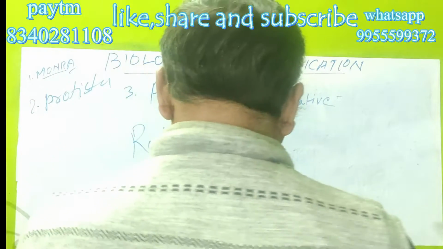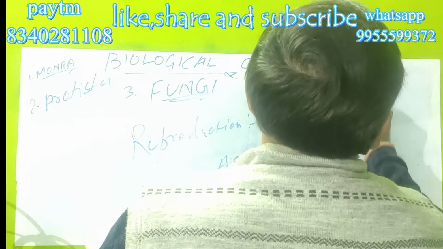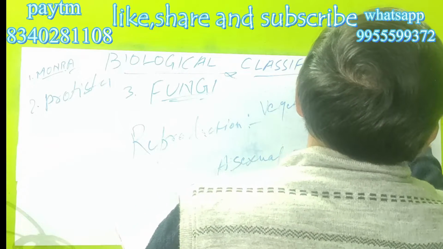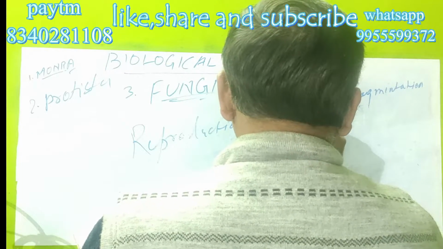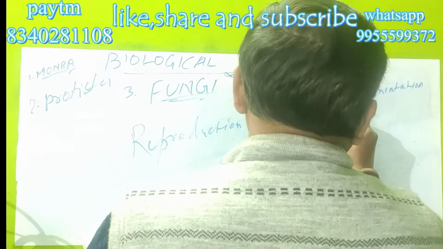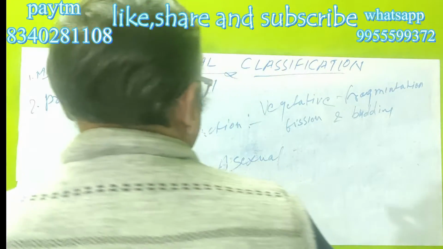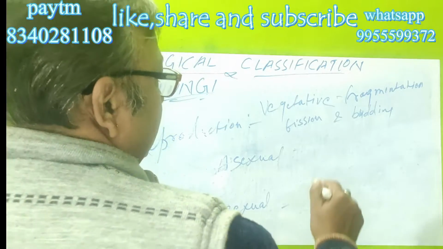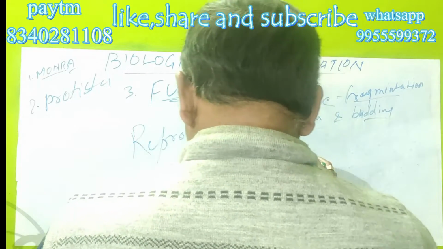Vegetative reproduction is through fragmentation, fission, and budding.